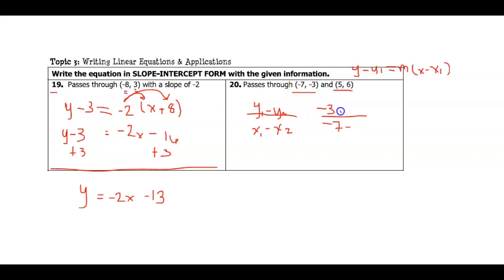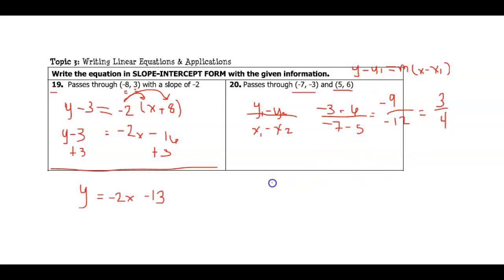Then I'm subtracting the y of the second point, 6, over the x, which is 5. So my answer here would be negative 9 over negative 12. If I simplify that, my slope is going to be a positive 3/4.